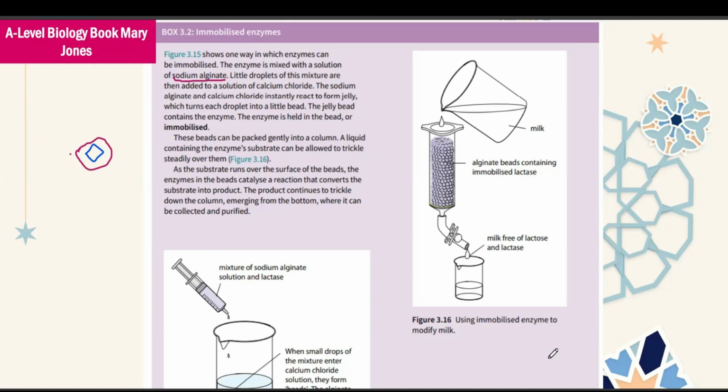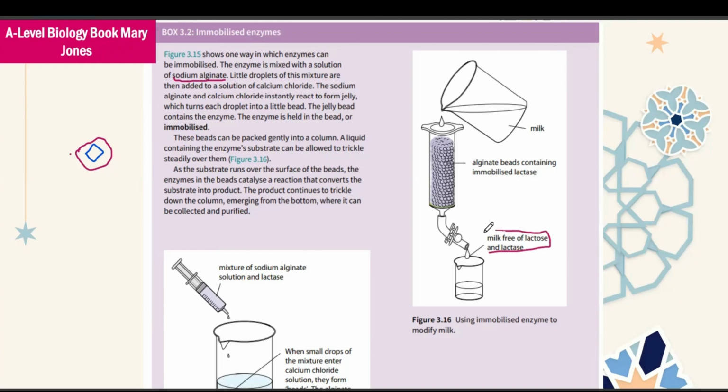Okay. So, the important economical application of immobilized enzymes is, you see that there are a few kids that are lactose intolerant. So markets do have lactose-free milk for them, right? This is exactly because of immobilized lactase. We get milk free of lactose and lactase.